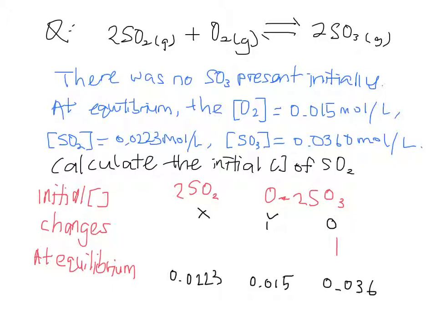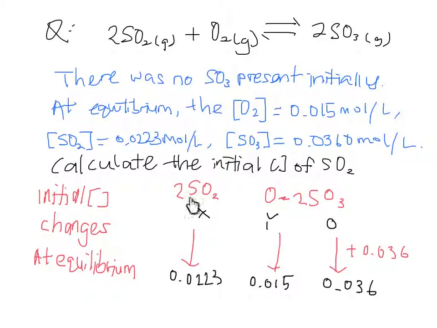We know that sulfur trioxide has increased by 0.036 mole per liter in order to reach the concentration value. Of course, we also know that if this has increased, the reactants must have decreased. But how much has it gone down by? Here we are going to use the mole ratio to help us. There are 2 moles of sulfur trioxide involved, and it has increased by 0.036.